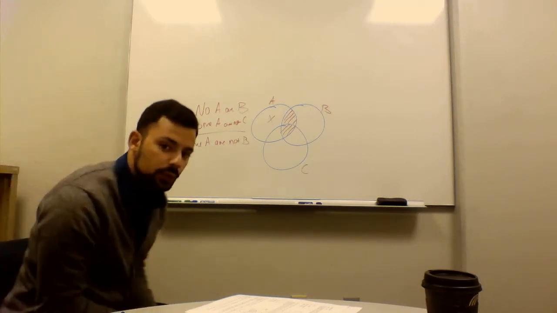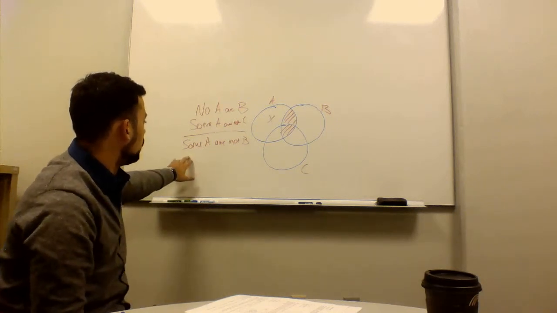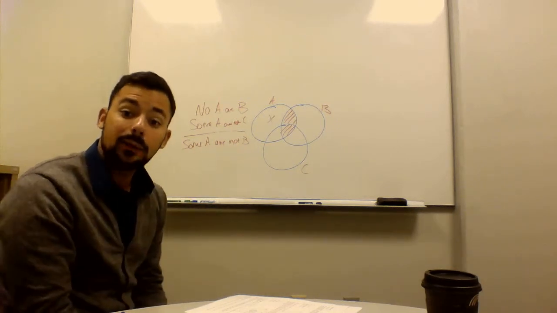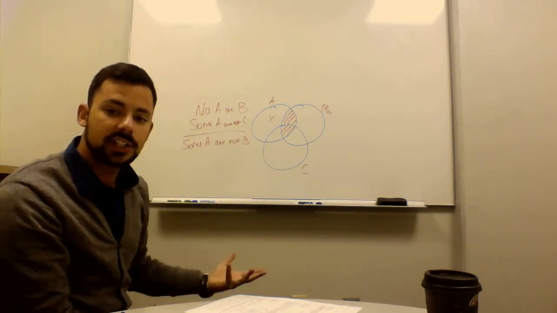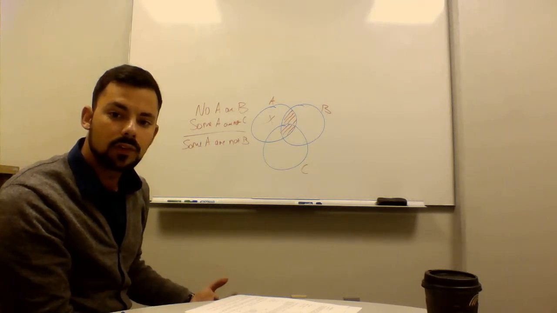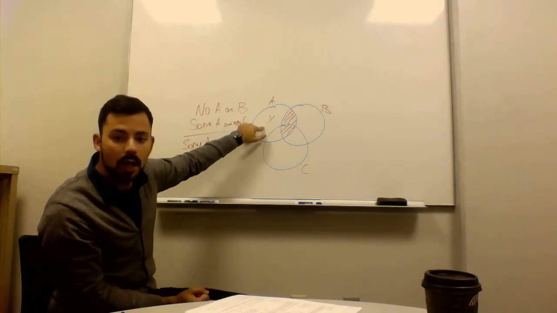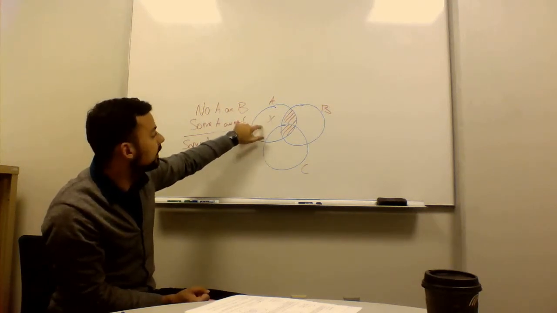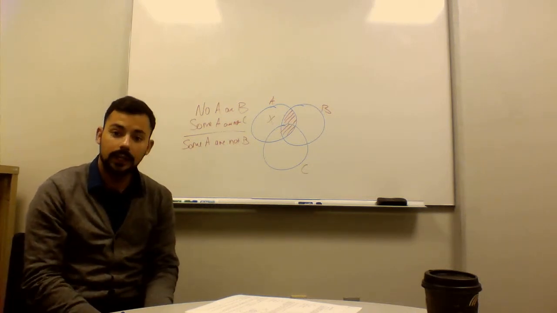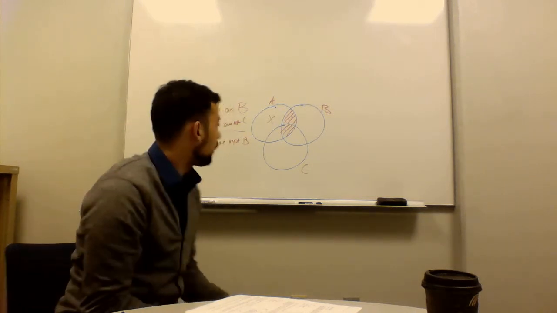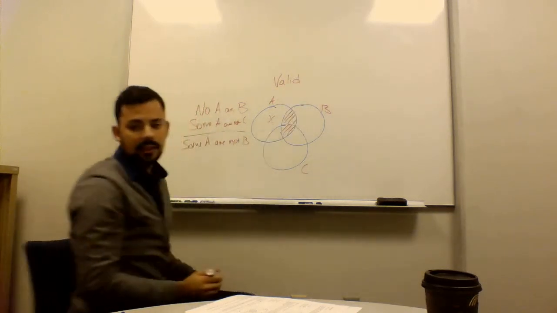So now let's look at the conclusion to test the validity of this argument. The conclusion says some A are not B. Can we say definitively from our diagram that there exists an A which is not a B? Well, yes we can, because there's a whole X here that is definitely an A which is not a B. So this argument is valid.